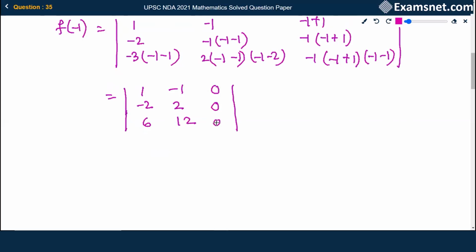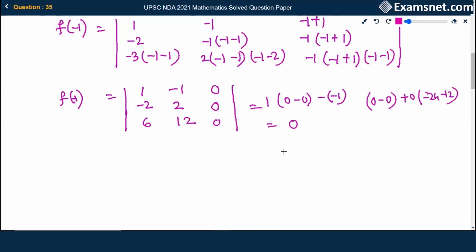I can show you by expanding it. Let's try to find out the value for f of -1. It will give us the value 0.